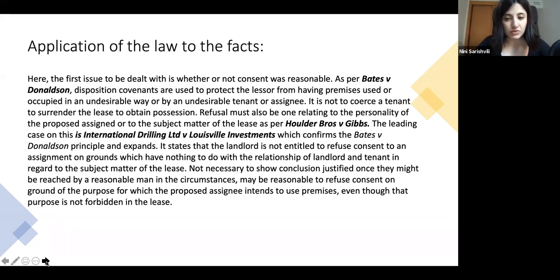It may be reasonable to refuse consent on grounds of the purpose for which the proposed assignee intends to use the premises, even though the purpose is not forbidden in the lease. So as you can see, what you're required to do is to understand very well the facts of the case given, and then try to find the case that has similar facts and relevant principles, then apply it to the facts of the case.